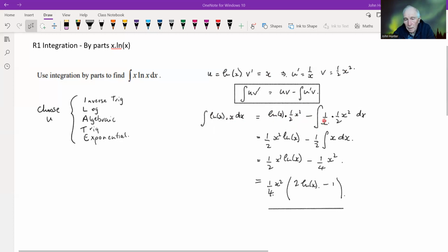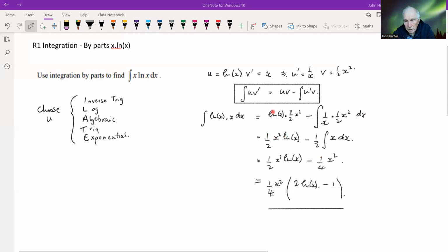Minus, well, we've got u prime. So u prime is the derivative of natural log of x, 1 over x, times v again there. So we've got to integrate this with respect to x.